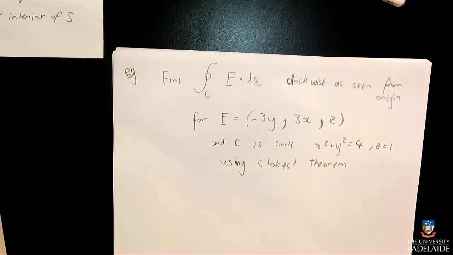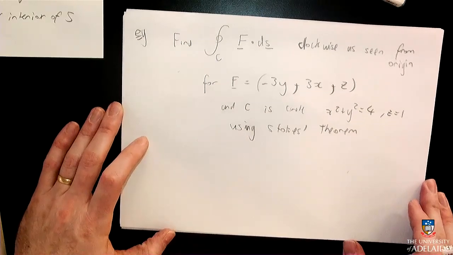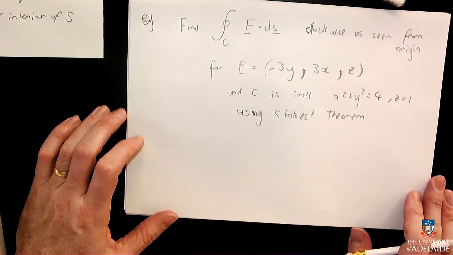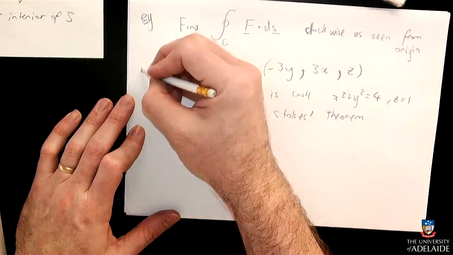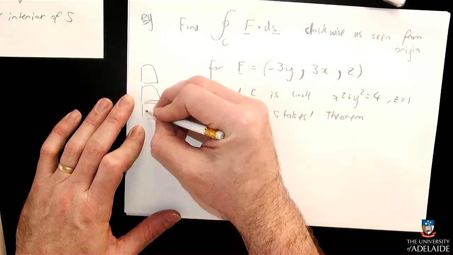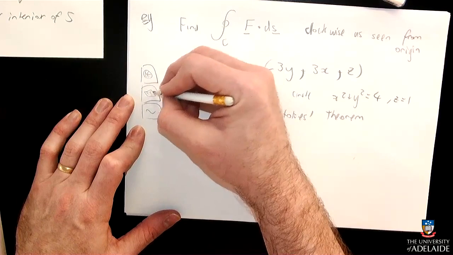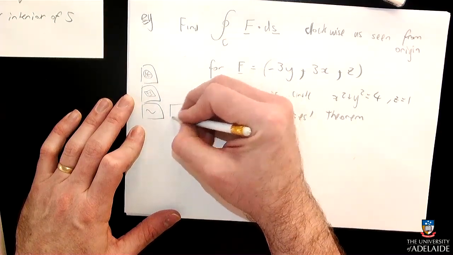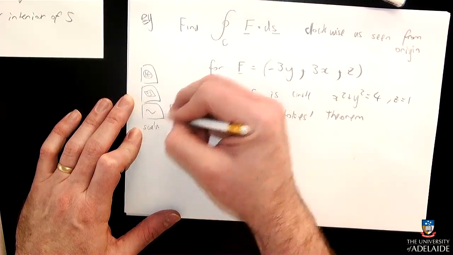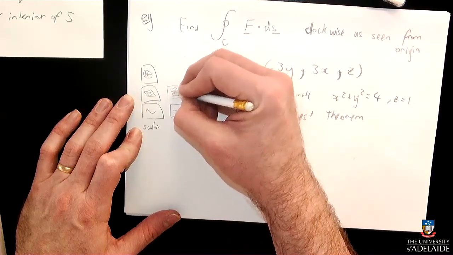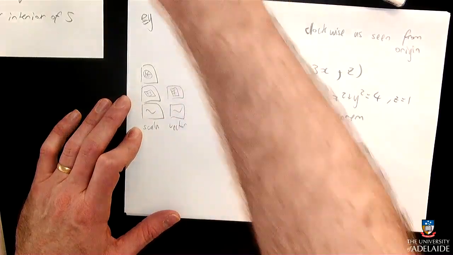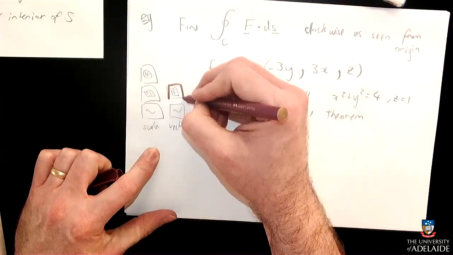And a classic assignment question is, evaluate it directly and evaluate using Stokes' theorem. Check that they're the same answer. So, Stokes' theorem: curve, surface, volume for scalar functions, and curve, surface for vector functions, and Stokes' theorem connects these two.